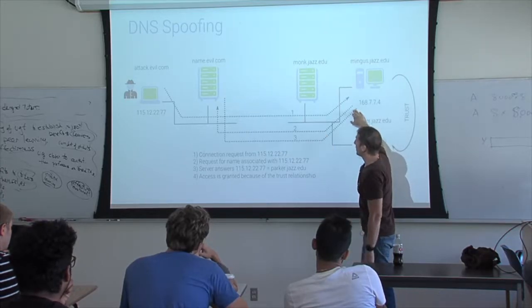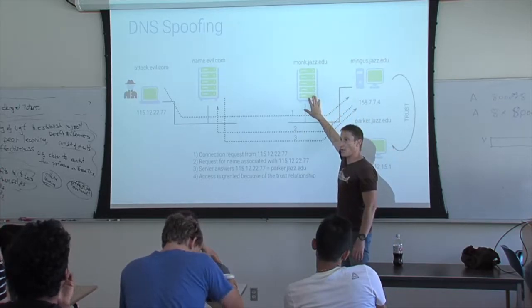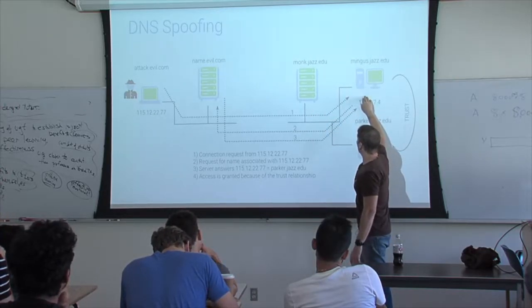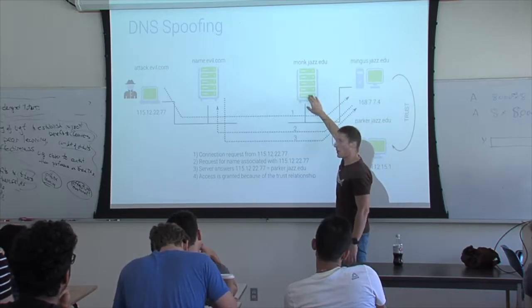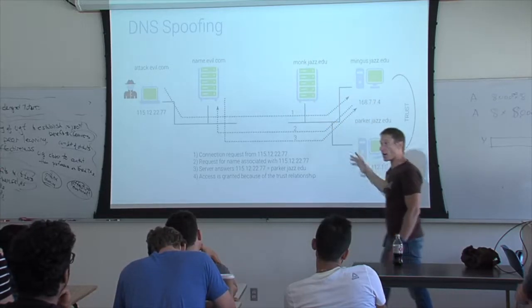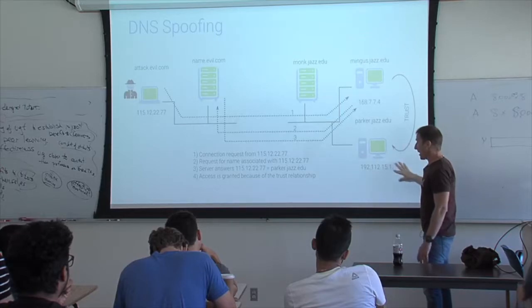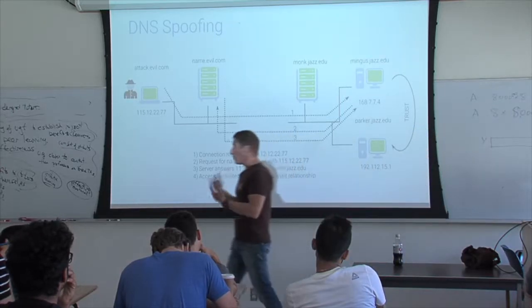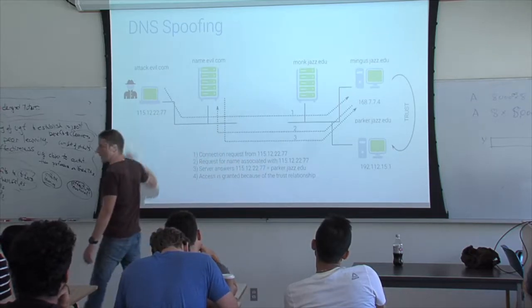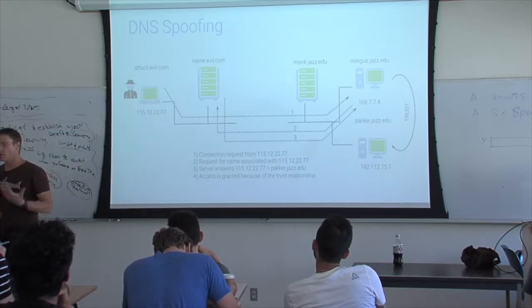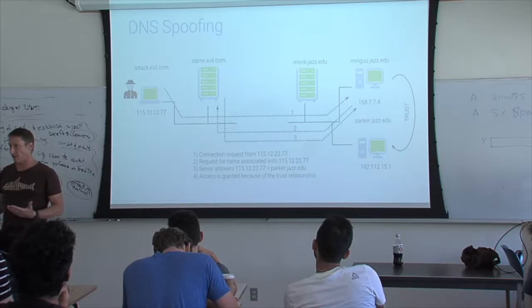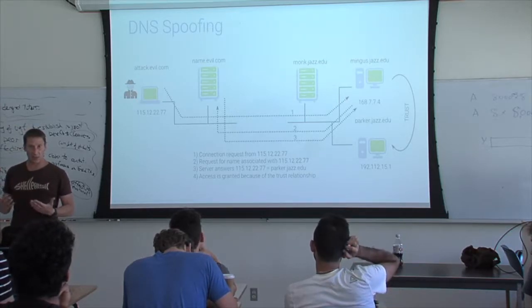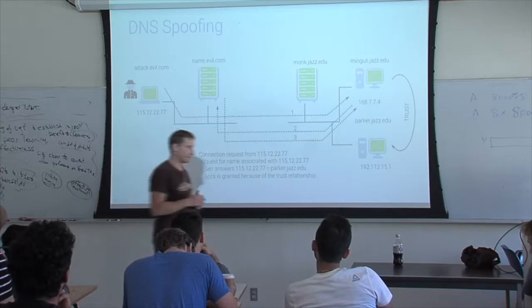Not the evil one, but monk.jazz.edu. And so Mingus will ask Monk, well, who's Parker? And this guy, who's not under the control of the bad guy, would answer 192.112.15.1. It will compare that value to this and say, these two are not the same. Somebody is messing with my DNS infrastructure. So is that clear?